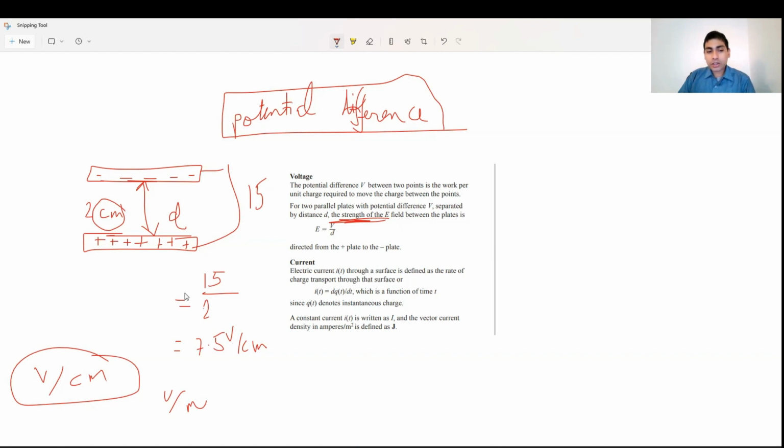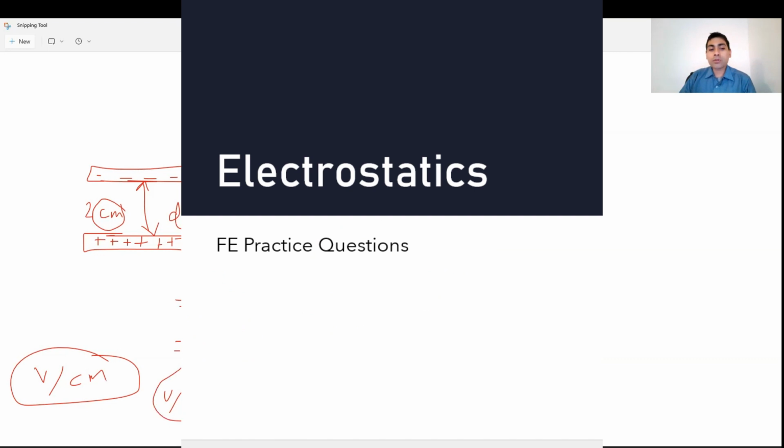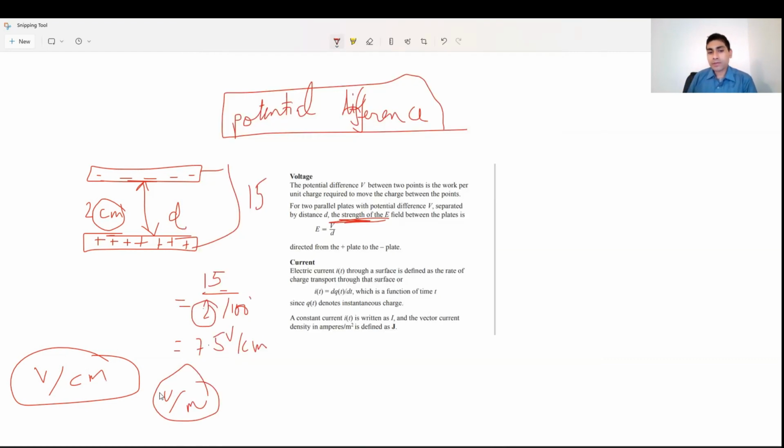So in that case, you have to make sure that this 2 centimeters is converted into meters. And how would you do that? You divide it by 100. Once you divide it by 100, you get your answer in volt per meter. Am I making sense? I hope so. So that's how you figure out the electric field intensity.